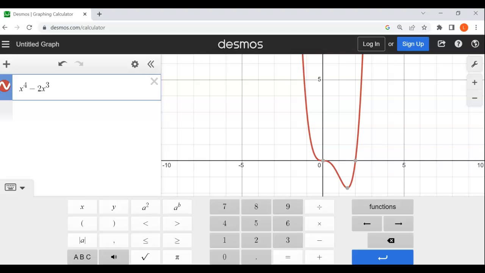That minimum of -27/16 occurred at 3/2. Okay? It occurred there. And the max occurred over at -2, I believe, right? That's what we got, and that's what we got. So always check your work by looking at Desmos when you're done. Okay? Enough for today.